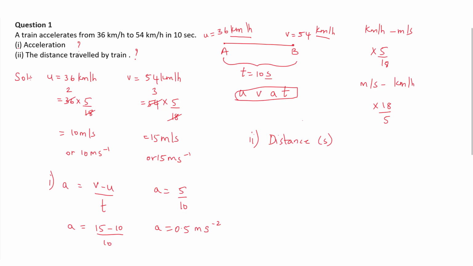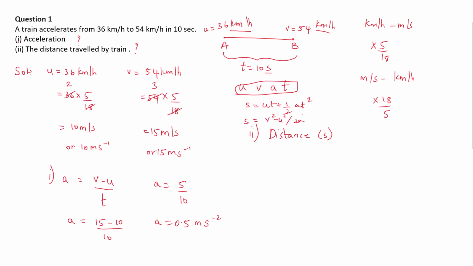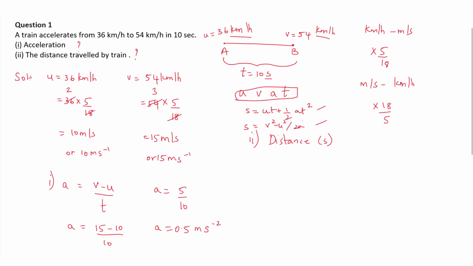That is v equals u plus at, s equals ut plus half at square, and v square minus u square equals 2as. Based on the given data, I have to find displacement. Displacement or distance appears in only two equations of motion, that is s equals ut plus half at square and s equals v square minus u square by 2a. You can use any of these because we have all the required terms.